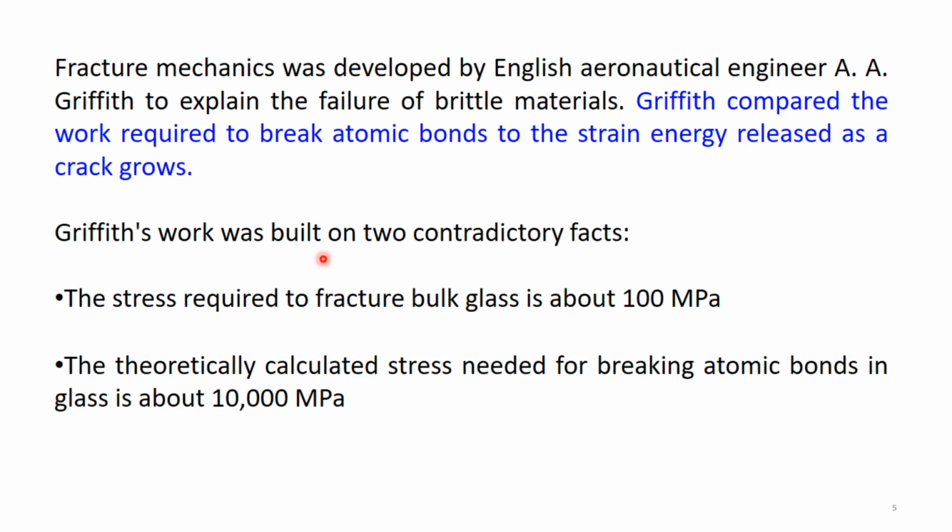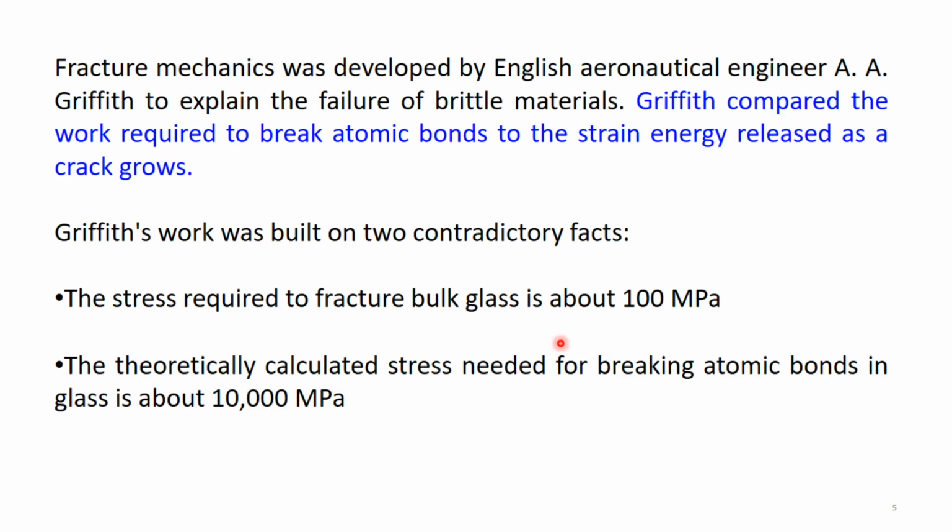Griffith's work was built on two contradictory facts. What are those facts? The stress required to fracture bulk glass is about 100 megapascal, whereas the theoretically calculated stress needed for breaking atomic bonds in glass is about 10,000 megapascal.